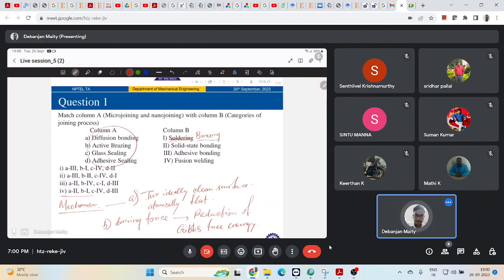So this is a brazing technique. Yes, B is 1. Adhesive sealing is the adhesive bonding. And the other one is the fusion welding. Right?